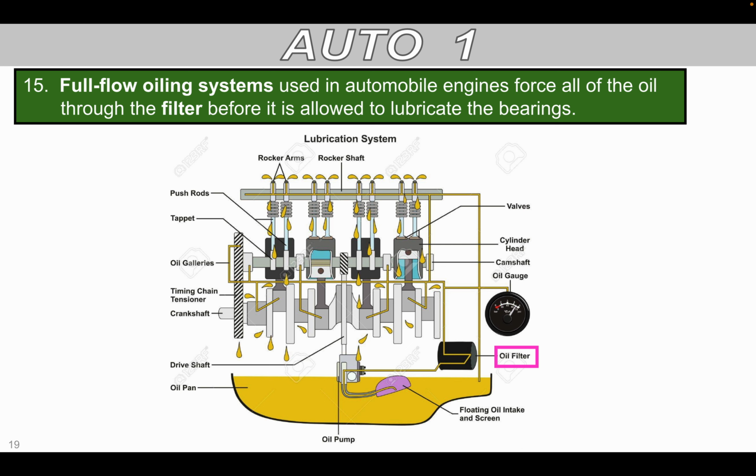Okay, it comes up here, gets squirted on the cylinder walls in my engine block. It comes all the way up here. Here's my valves, right? It gets squirted up here and gets all over the place. Then again, all of it flows back down or drips back down and ends up back in my oil pan. Okay?